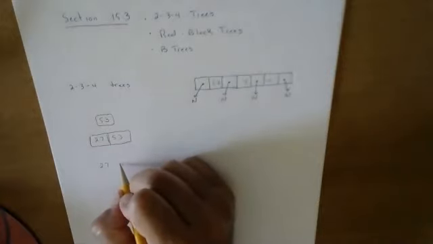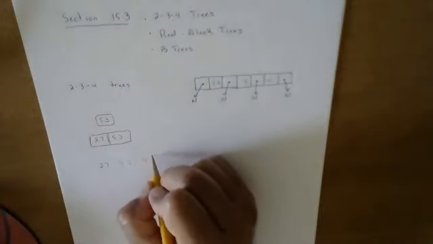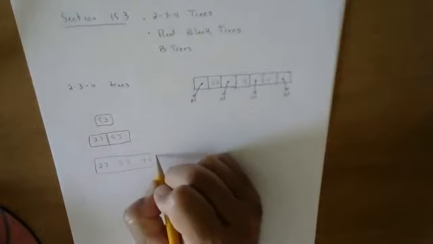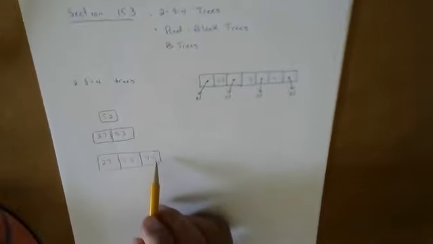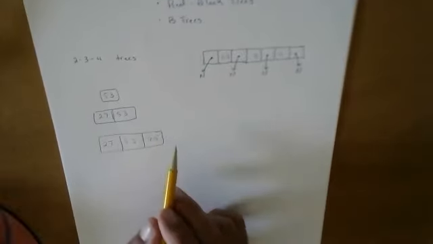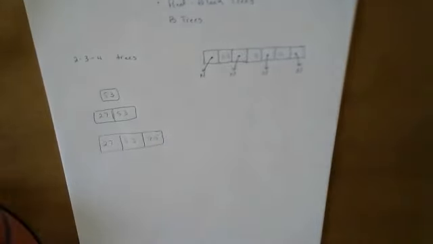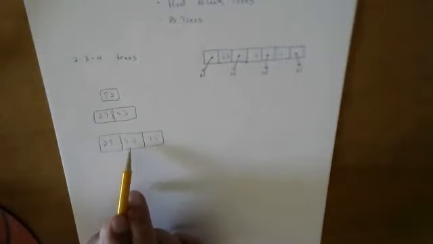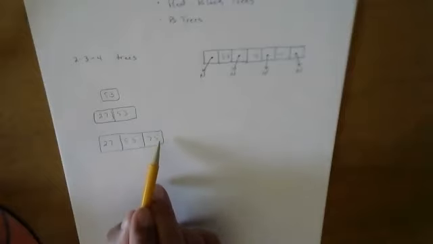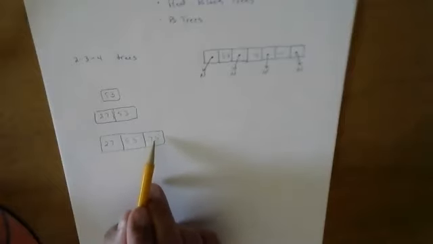So 27, 53, and 75. I now have a nice full node. Searching's quick because my height is only 1. I don't have to go very far. And I took advantage of this node. So if I looked at this node, I can store 3 items on my first level.